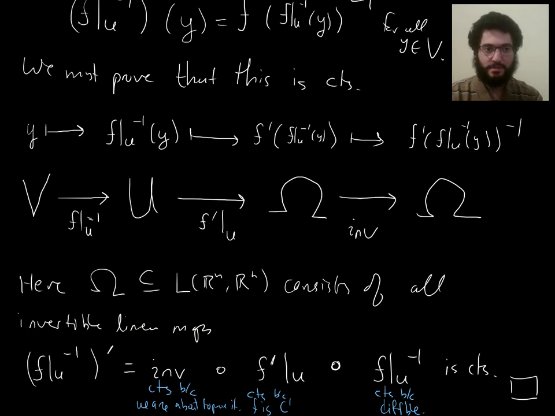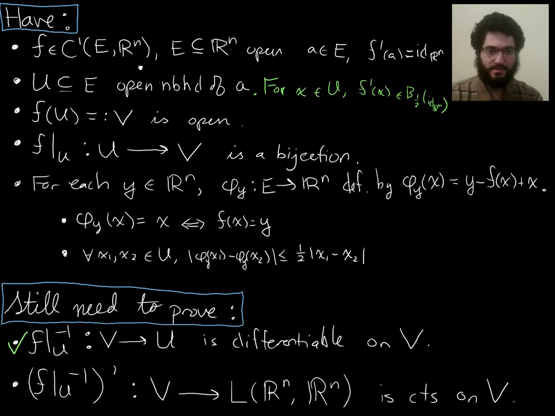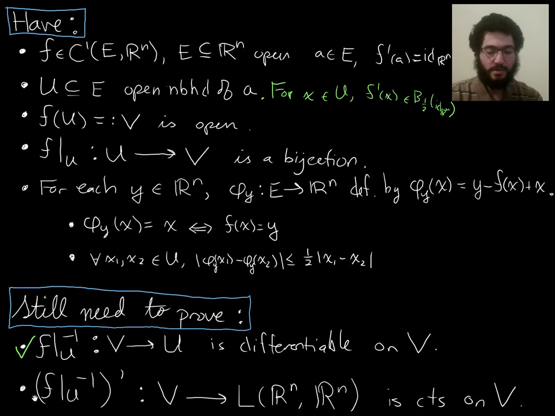So we are done. We have proven the second bullet point here, and so what we have proven is that f restricted to u inverse is a C1 function. That's what these two bullet points are saying. So we are finally done proving the inverse function theorem.